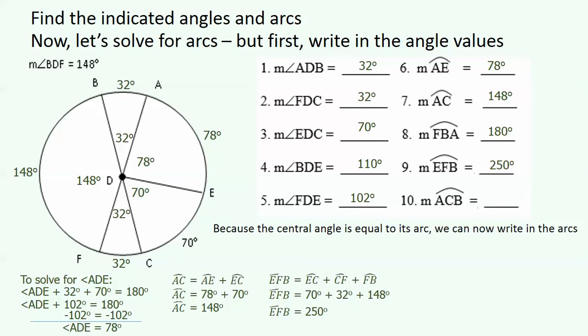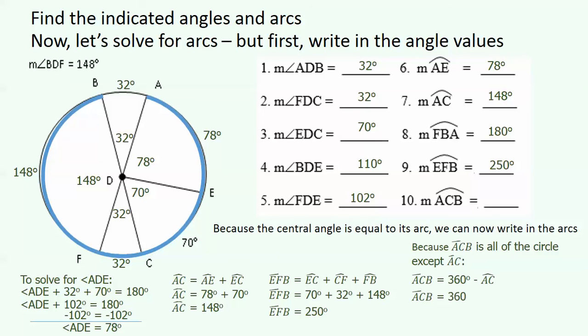Now let's find arc ACB. Wow, that's almost the entire circle. And I know that the entire circle is 360 degrees. So if I take the whole circle, 360 degrees, and remove that little arc, AB, I'm going to find that arc ACB is 360 degrees minus 32 degrees.